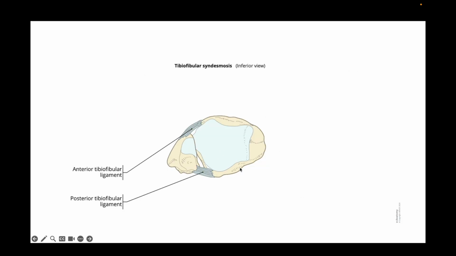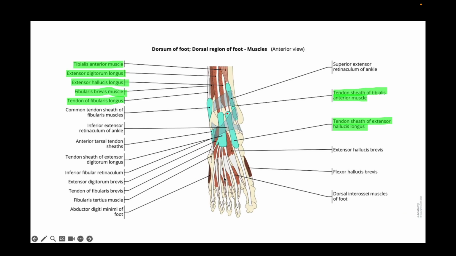This is an axial view in the upper ankle. So this is your anterior tibiofibular and posterior tibiofibular ligaments. When someone says that you've got a high ankle sprain, these are the things that get injured.